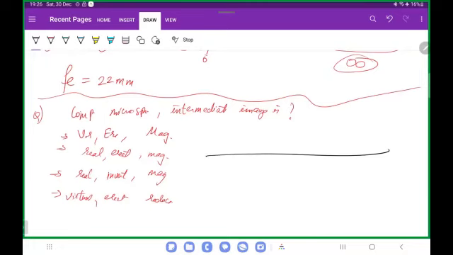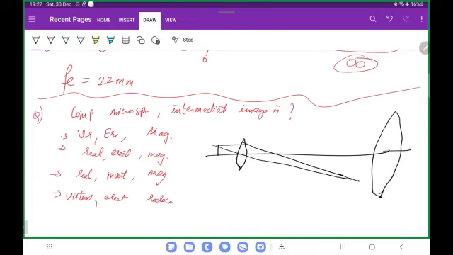If you want, I can draw it here. I'll make the lens bigger also. The image can be formed here towards the focus.